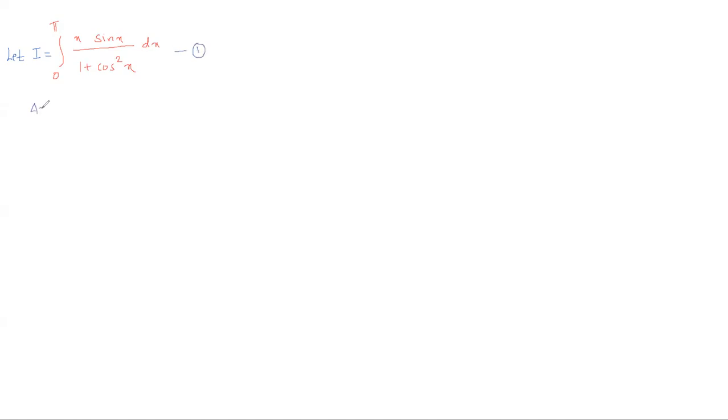Again, I is equal to, you can apply that property, in place of x put a minus x, that is pi minus x, integral 0 to pi, pi minus x, sin of pi minus x divided by 1 plus cos square of pi minus x dx.